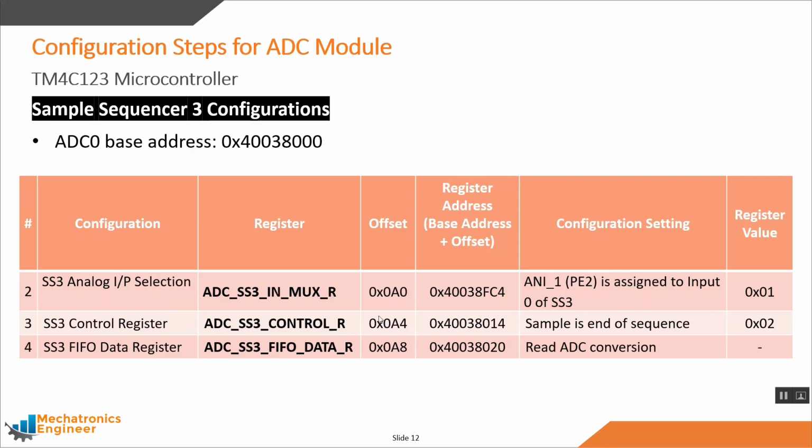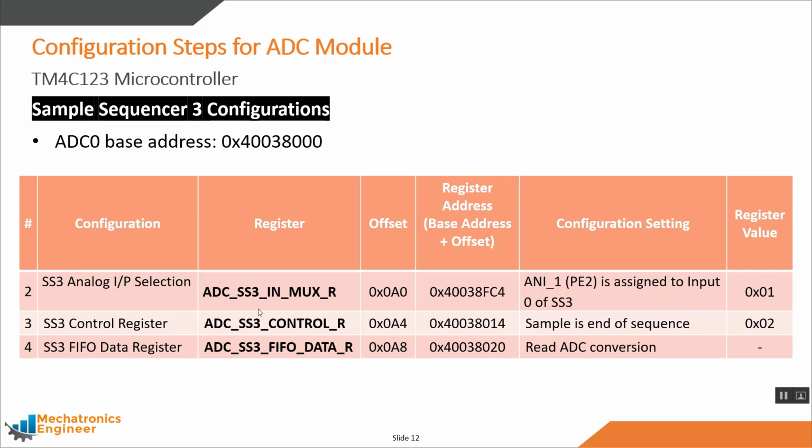As we discussed in the previous video, we always need to specify the end of sequence for a sample sequencer. Since we are using just one analog input channel, we also need to specify the same input channel as the end of sequence by writing hex 02 in the sample sequencer 3 control register.